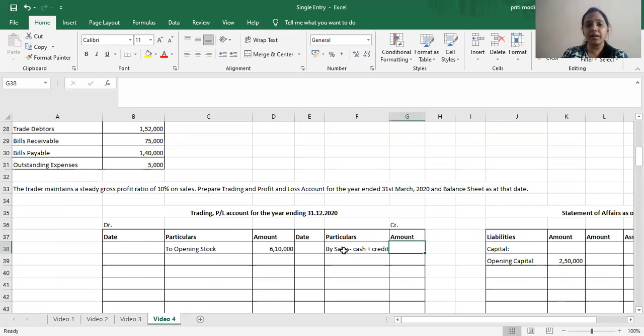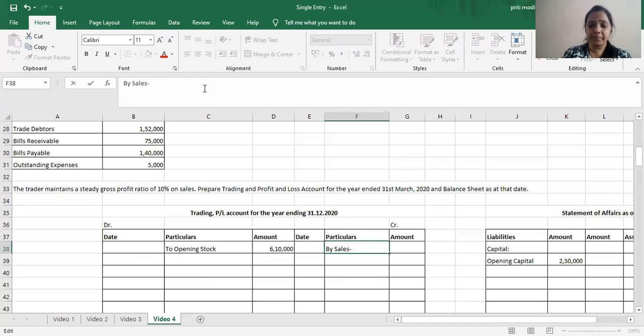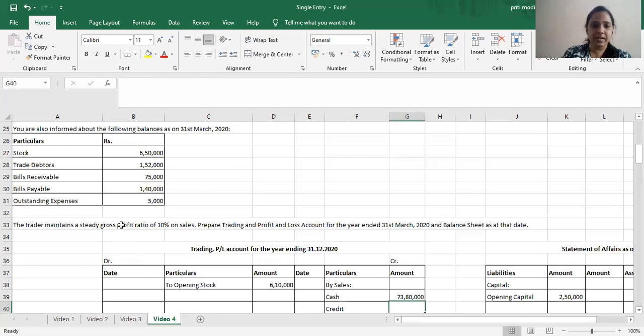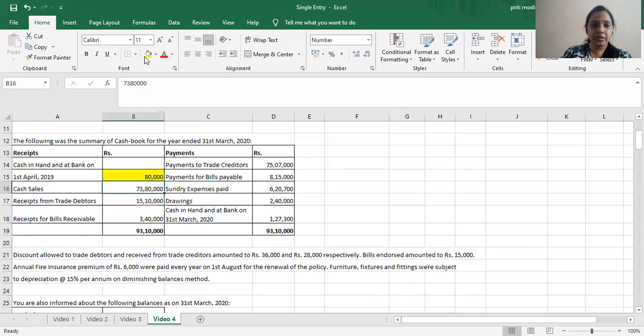So we will put the entire figure over here, or rather let me do it like this to make it simpler: by sales, cash and credit. So cash sales, I am writing it over here. Cash sales 73,80,000. So it has come on the trading account.